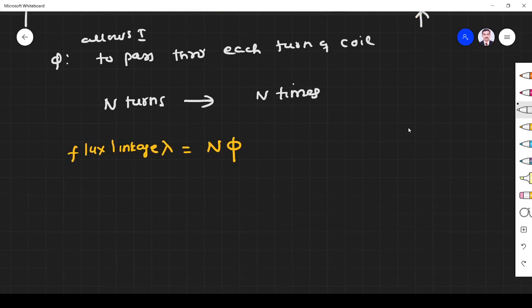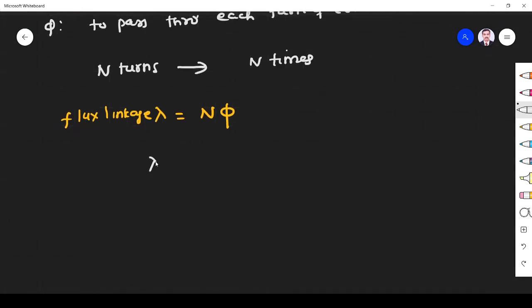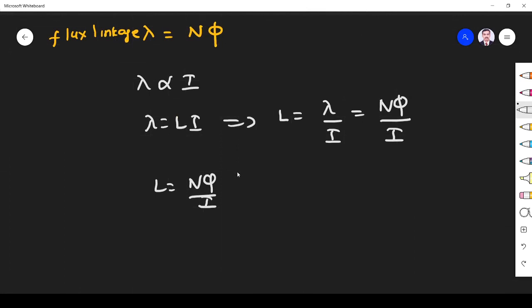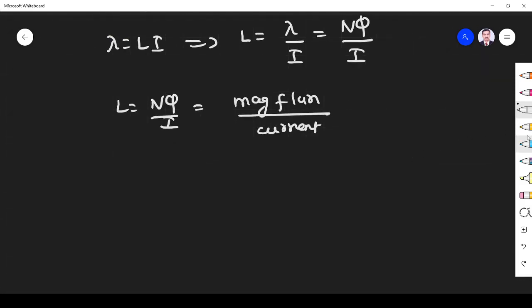Lambda is directly proportional to I. That proportionality constant is known as inductance, given by lambda by I. So L is equal to n phi by I, which is magnetic flux linkage per current. That's what we know as inductance, represented by the symbol L.